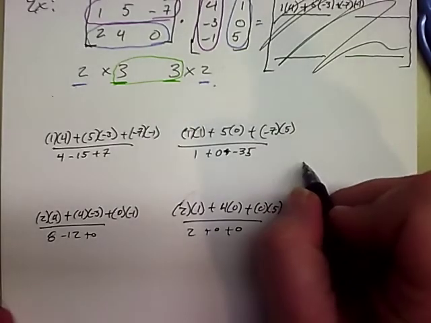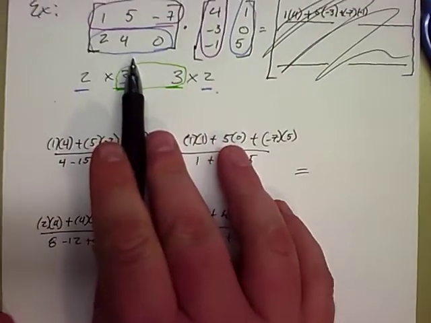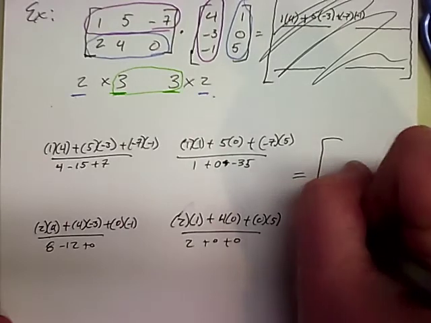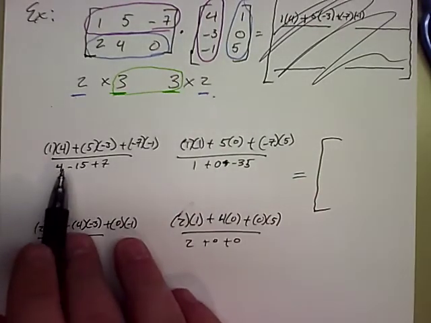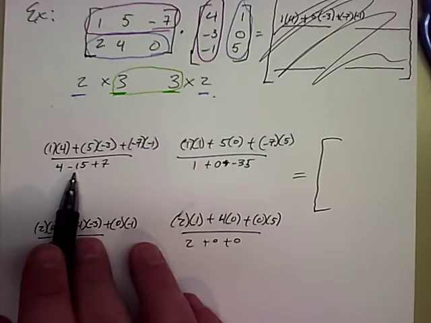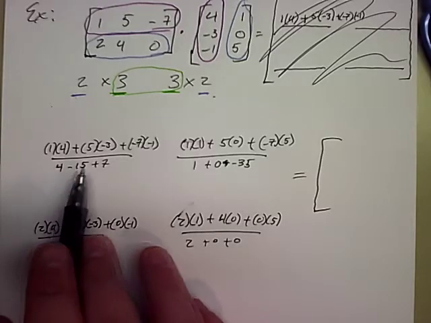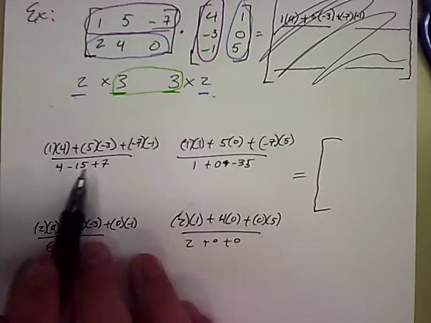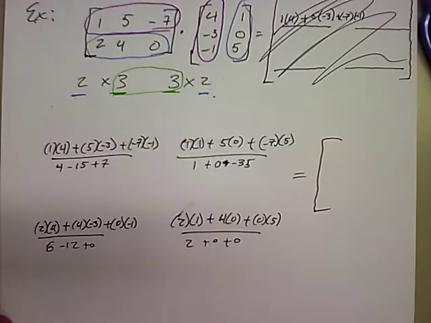All right, so now that means that my final answer, multiplying these two matrices, is going to be a 2 by 2 matrix. So 4 minus 15 is -11. -11 plus 7 is 4. Is that right? There's no way that happened.